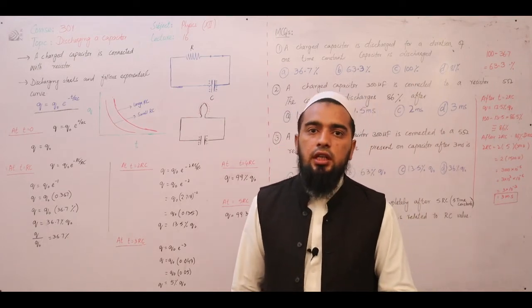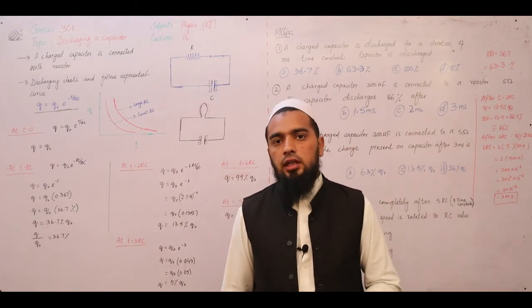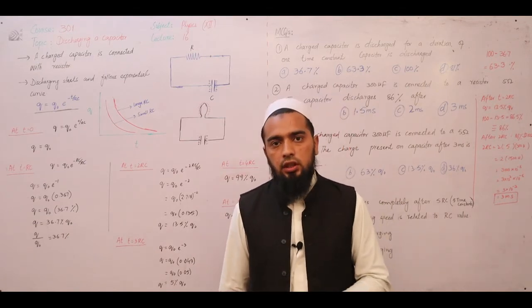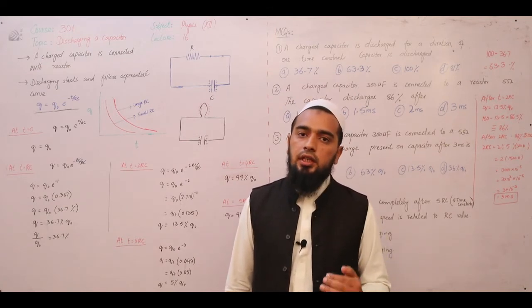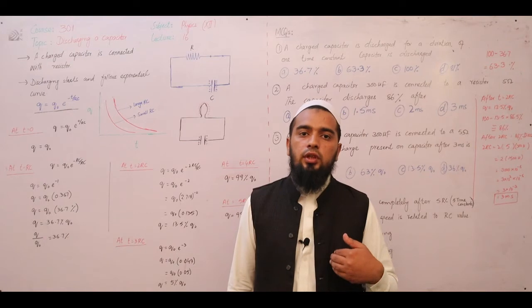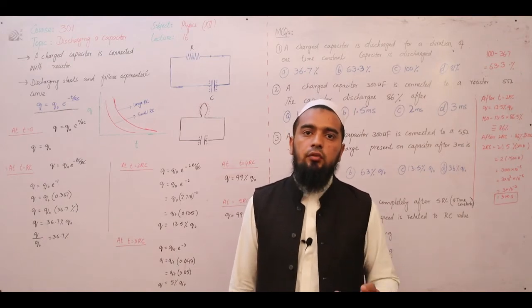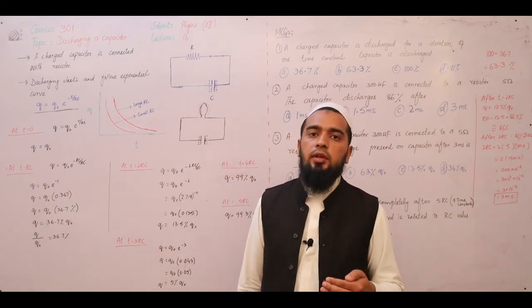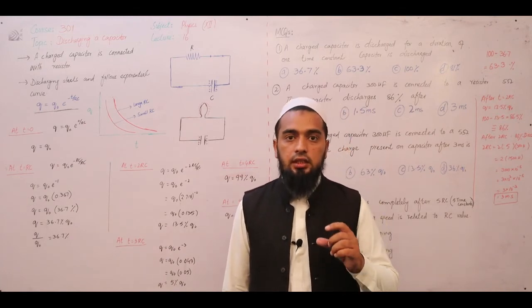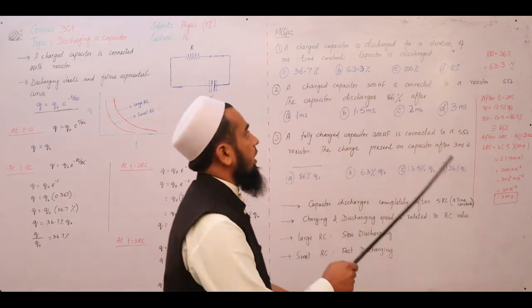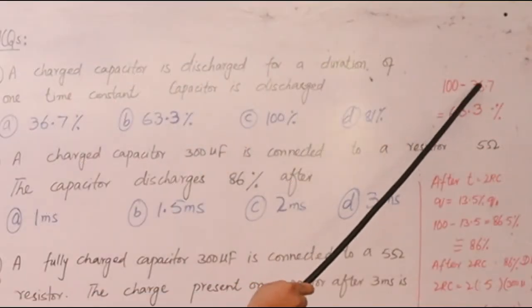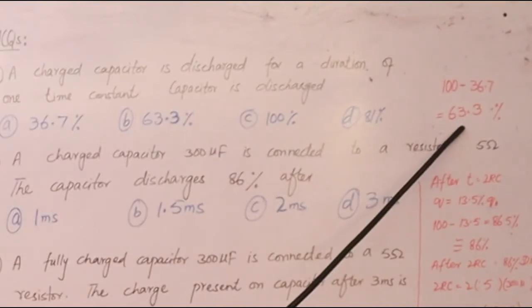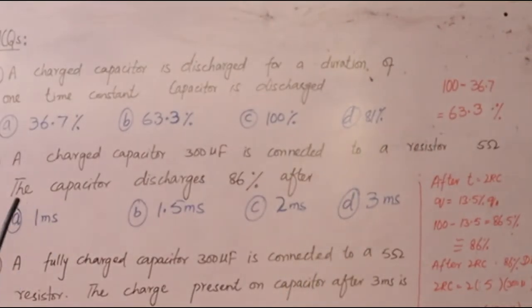It was completely in synchronization with that concept, because there we had the percent of charge present, the percent up to which the capacitor is charged. Here we have the percent up to which the capacitor is discharged. So it is negative to the equation. It is opposite to the equation. That's why we will subtract it from 100 to get the value of the percentage up to which the capacitor is discharged.